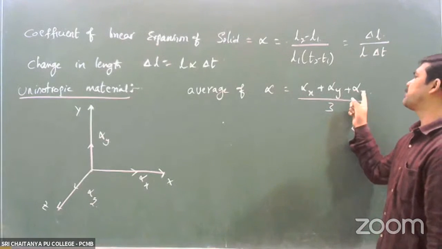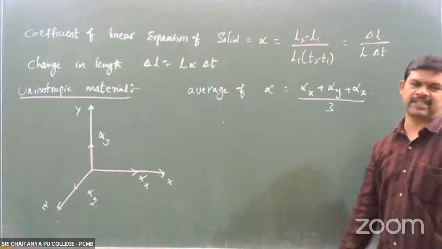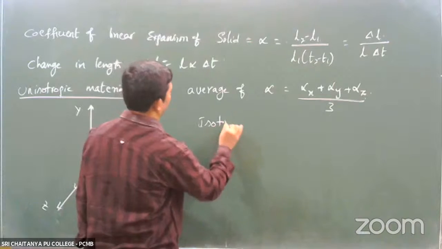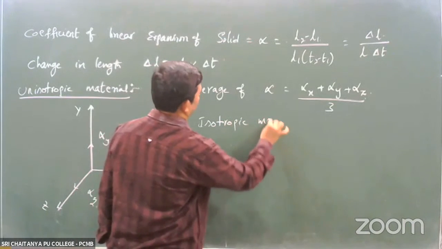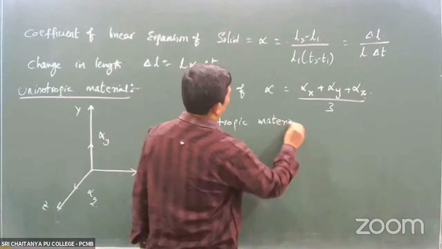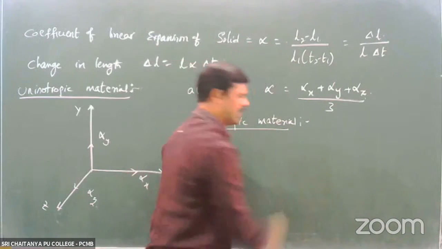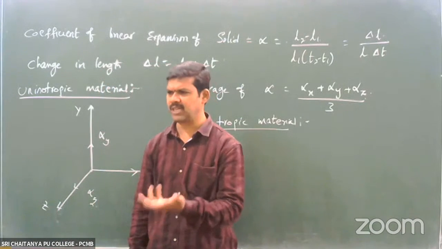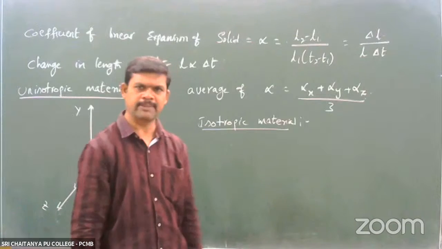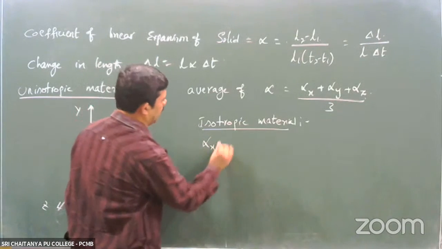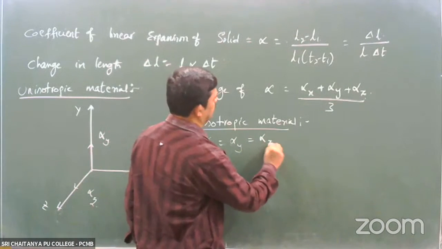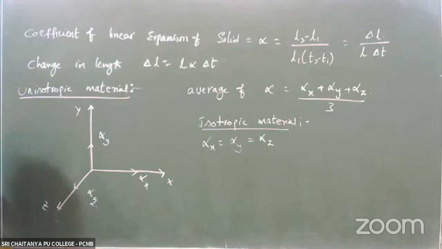See, alpha x plus alpha y plus alpha z by 3. So for isotropic, what, sir? The best examples of isotropic materials are metals. General metals, whatever we are discussing, they are isotropic. For isotropic, alpha x is equal to alpha y is equal to alpha z. All are the same.